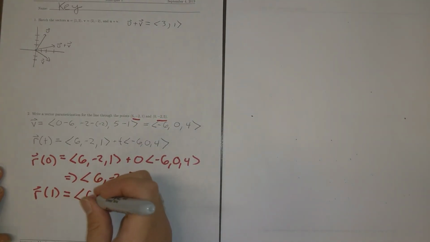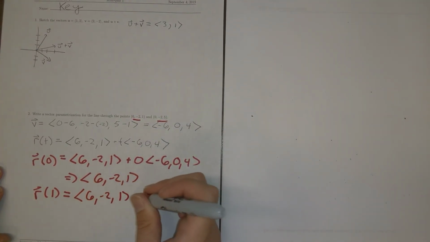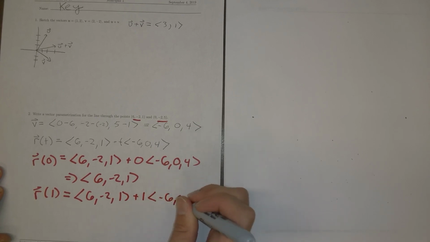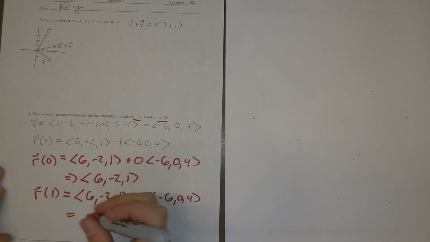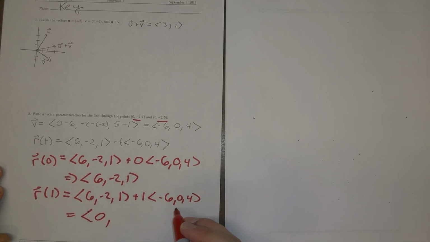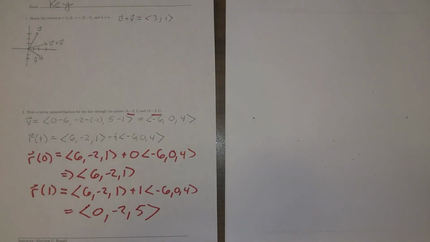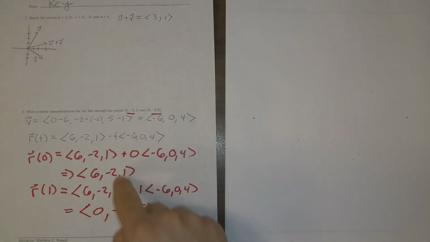So we can check here, (6, minus 2, 1) plus 1 times (minus 6, 0, 4). And that gives us, 6 minus 6 is 0, minus 2 plus 0 is minus 2, 1 plus 4 is 5. So we should always be able to get both of the points that we were given by plugging in an appropriate value of t.